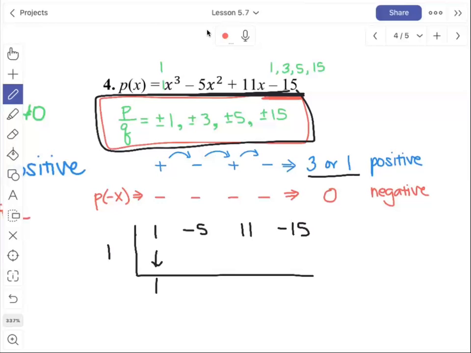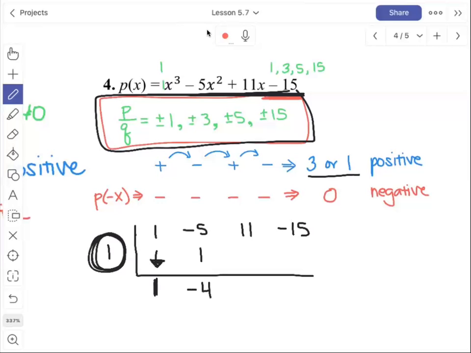And the second one, -5, right? What do I do with this 1 that you dropped down? Multiply it with the 1 on the outside. Multiply it by 1, so you get 1. And then you do -5 plus the 1, so just -4.